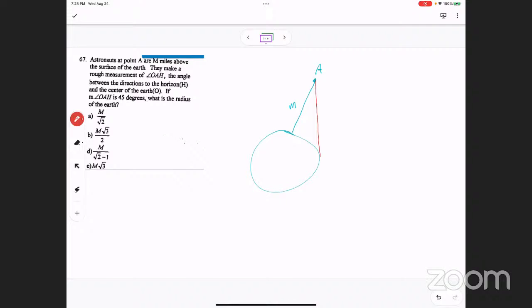And the center of the Earth, which is going to be just straight down to here, I believe, if I'm reading that correctly. If the measure of OAH is 45, so this is a 45-degree angle, what is the radius of the Earth? So they want to know R right here.